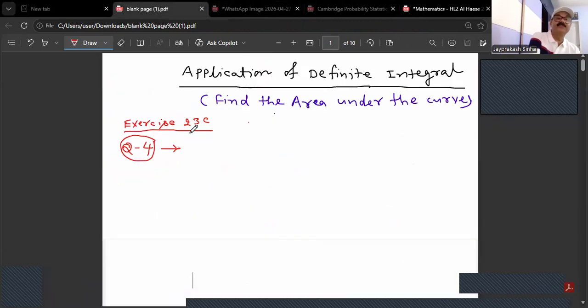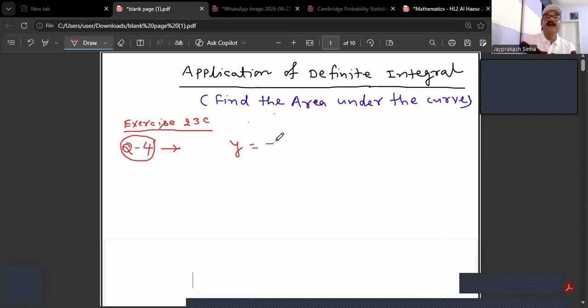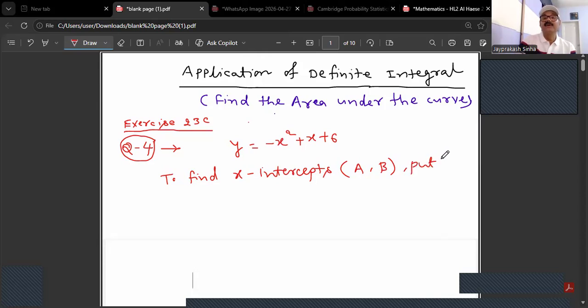We'll come to this page. Given y equal to minus x square plus x plus 6, find the x-intercepts, means the coordinates of A and B. Put y equal to 0.